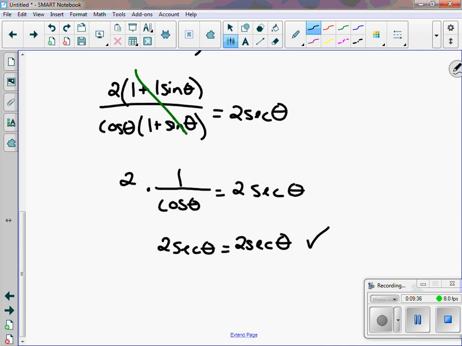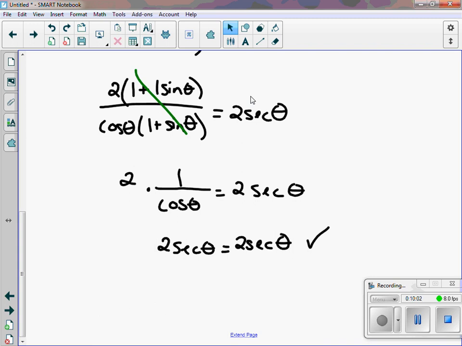Verified. Okay, so what you're doing with verifying trig identities, you're using that cheat sheet to use Pythagorean theorem to make sure you're switching your trig ratios into sine and cosine if you don't know how to do that properly. Then from there, you're going to go through and try to use the Pythagorean identity and that kind of stuff.